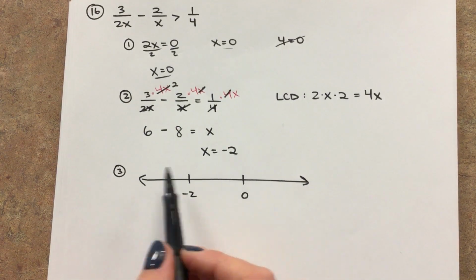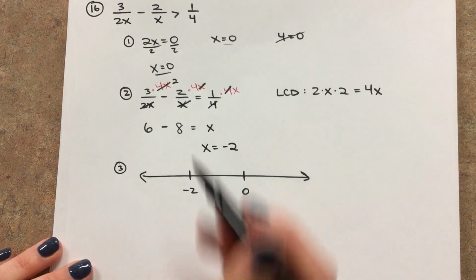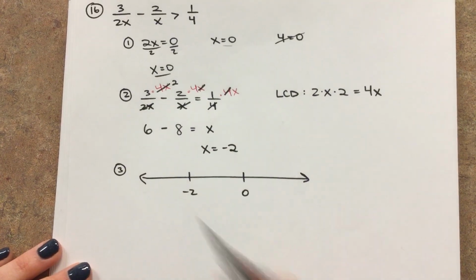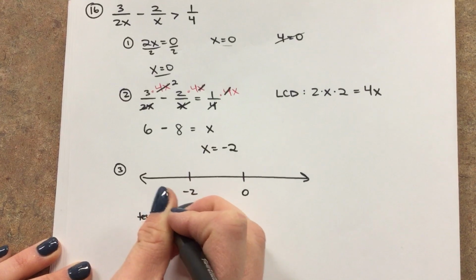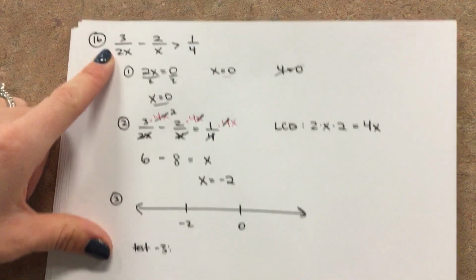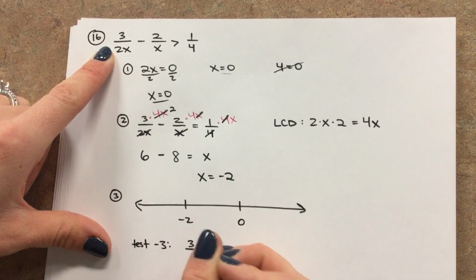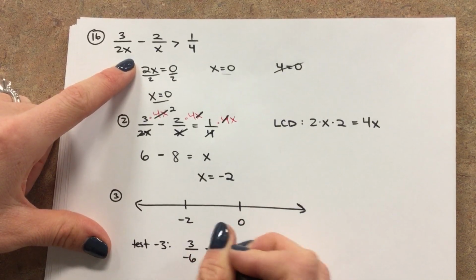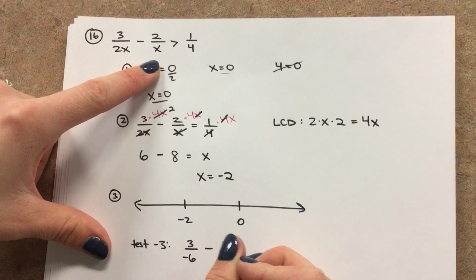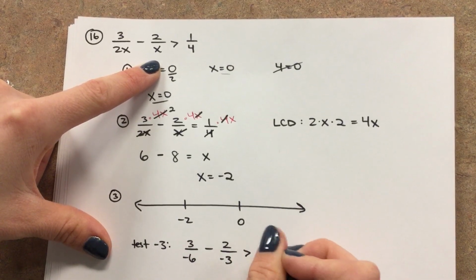All right, so then we pick different test values that you can plug in. So say we plug in negative 3 over here. So the inequality, we've got 3 over 2 times negative 3, which is negative 6, minus 2 over negative 3 is greater than 1/4.